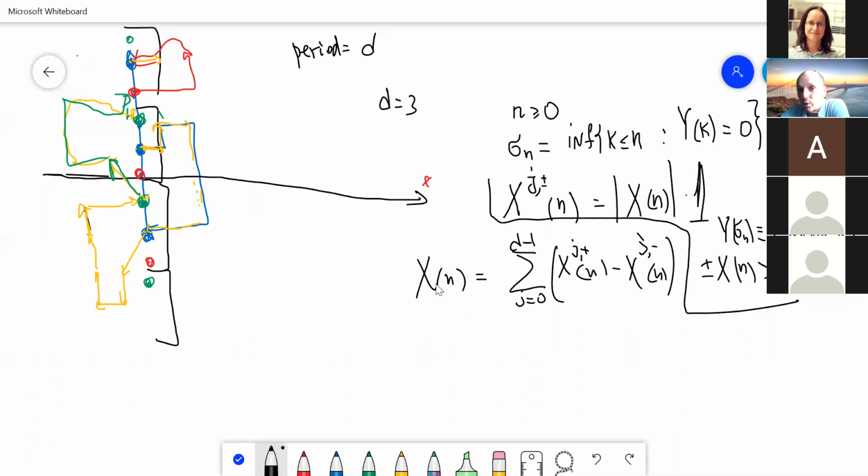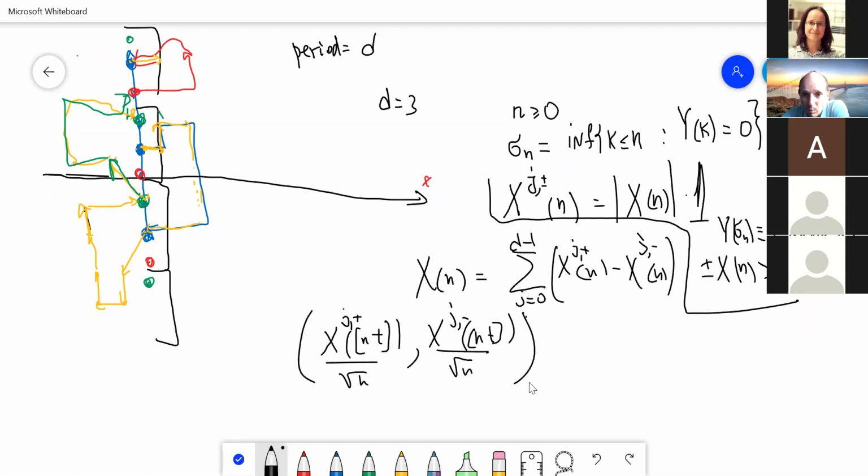And now, instead of studying this process x of t, I would like to consider the following process: xj plus of nt, xj minus of nt, divided by square root of n, where j's are from 0 to d minus 1.